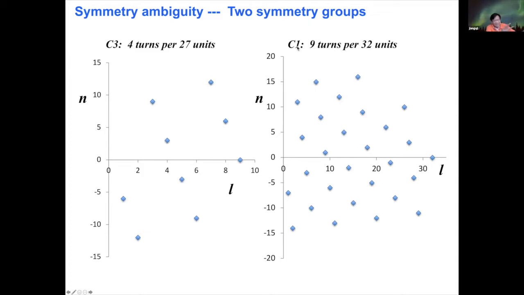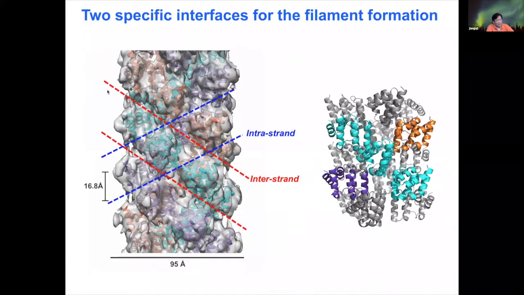You don't have to know the technical details. They have different arrangement because of that. And we sorted them out. For the C3 filaments, we can obtain the structure at around 9 to 10 angstroms resolution range.